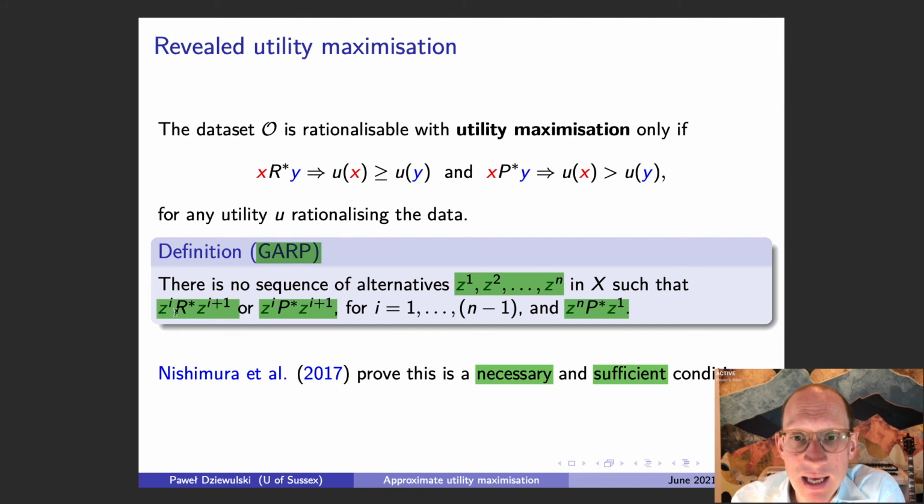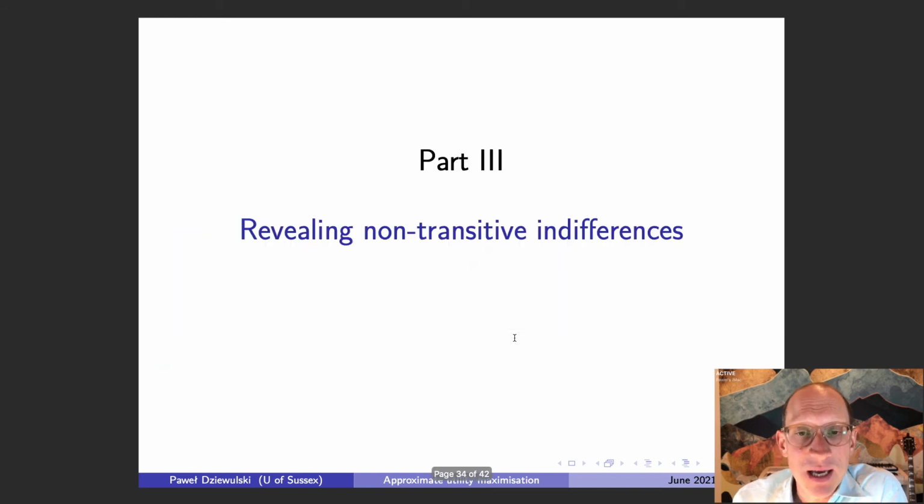In this case, because we know that utility maximization requires transitivity of preferences, this has to imply that all the elements in that cycle have to be indifferent to each other. But as I mentioned at the very beginning, assuming non-transitivity of indifferences is not that absurd, and in some cases can actually be a sensible thing to do. So the question is, what changes if we relax this condition and this condition only? And that leads me to my results.